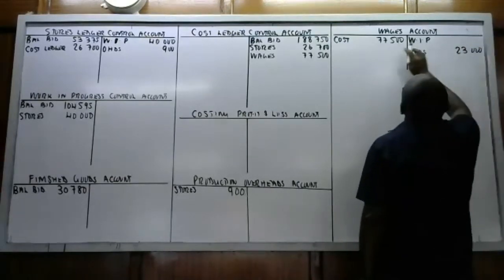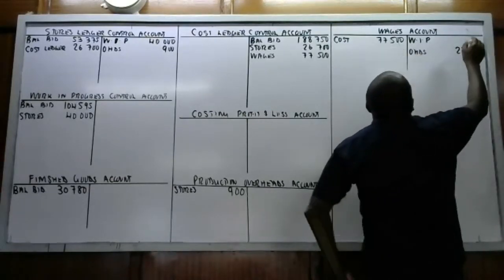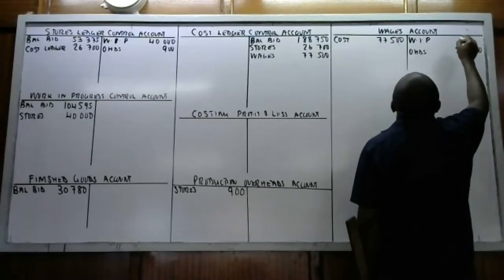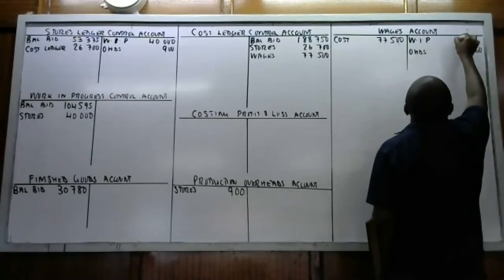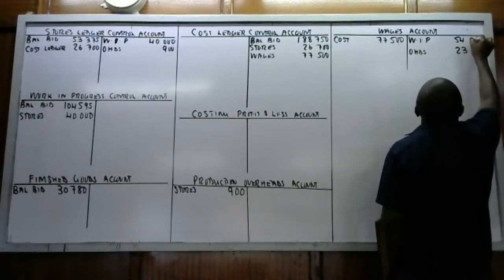So that tells you the direct here must be what? 54,500.